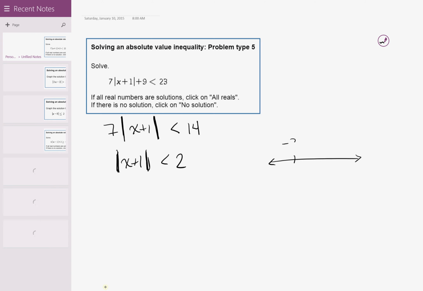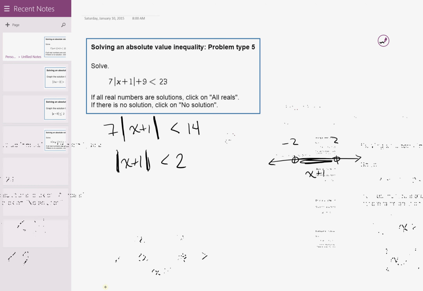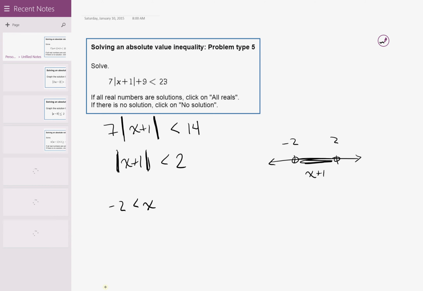Or in other words, x plus 1 must fall here. So negative 2 is less than x plus 1, which is less than 2. And we subtract 1 everywhere, and we get negative 3 is less than x is less than 1.